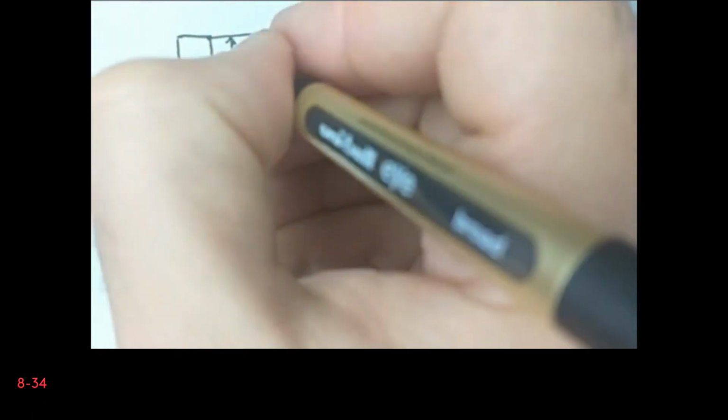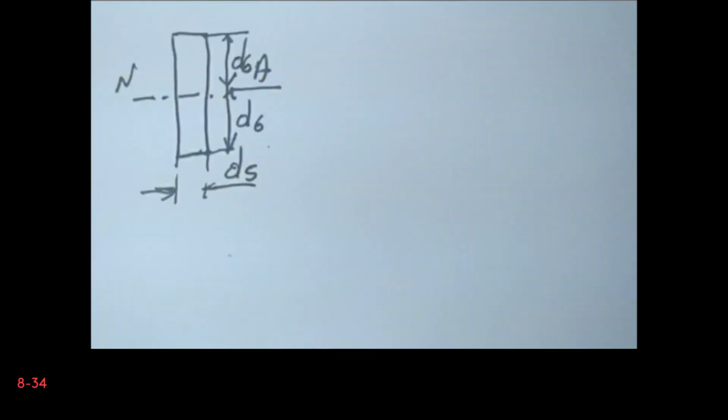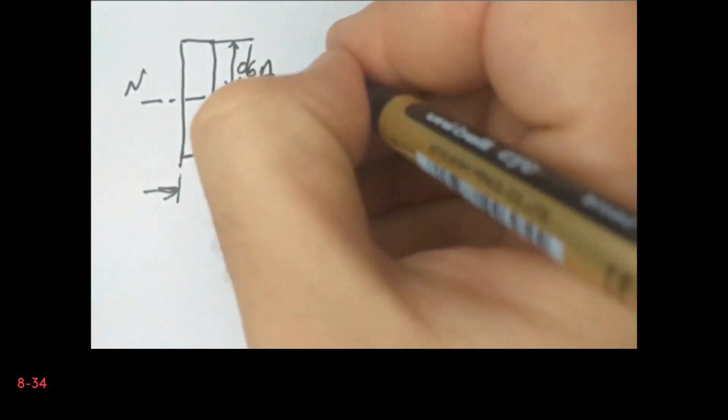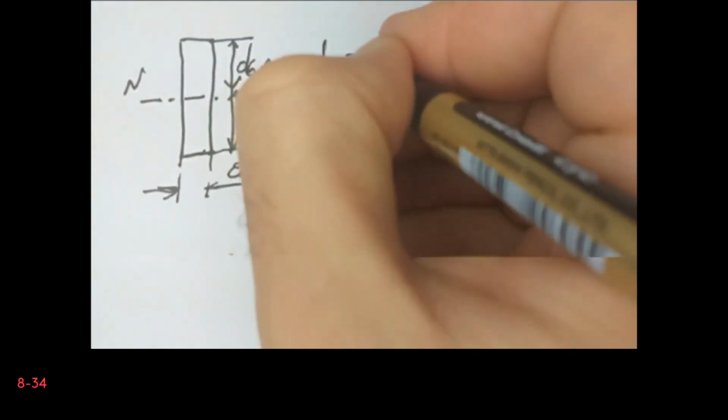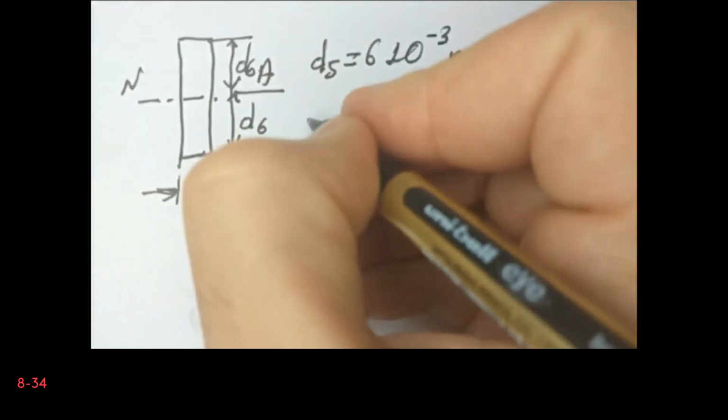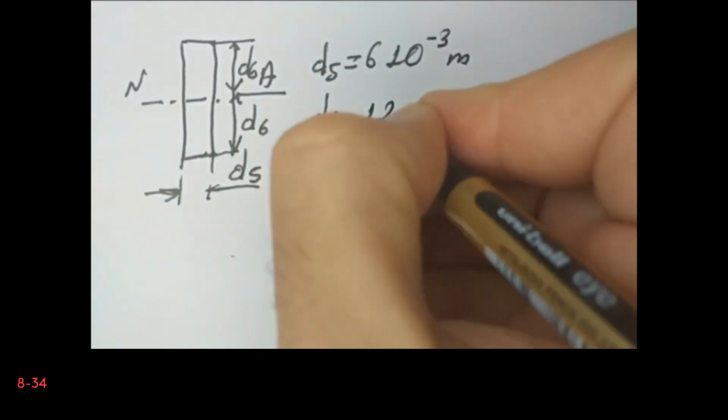So d5 is equal to 6 times 10 to the power minus 3 meters, and d6 is equal to 12 times 10 to the power minus 3 meters.